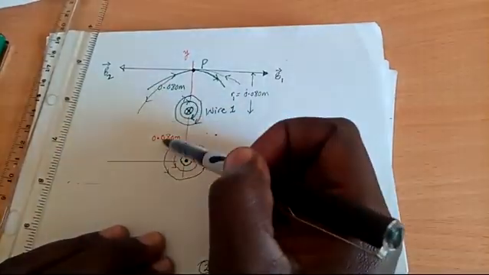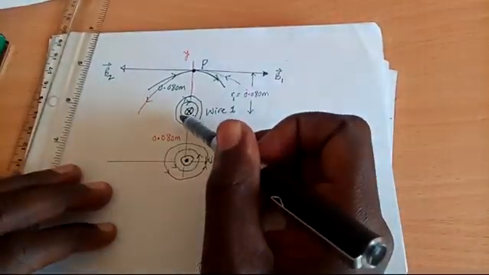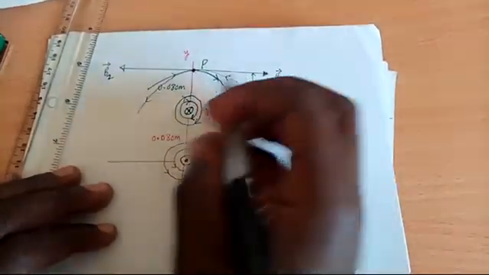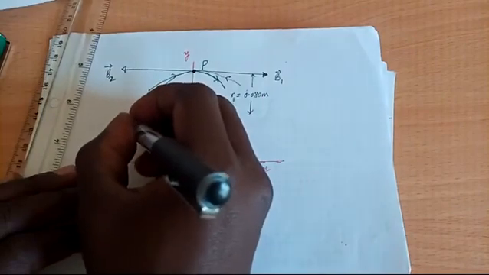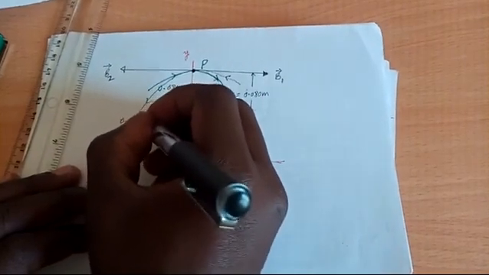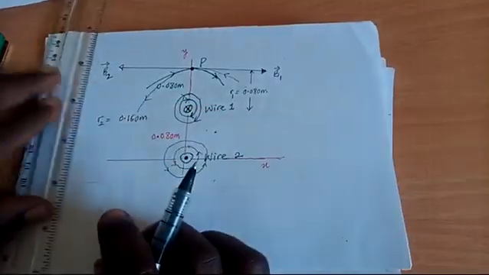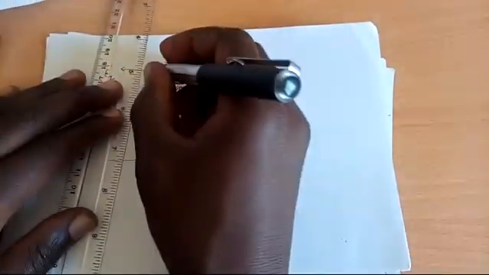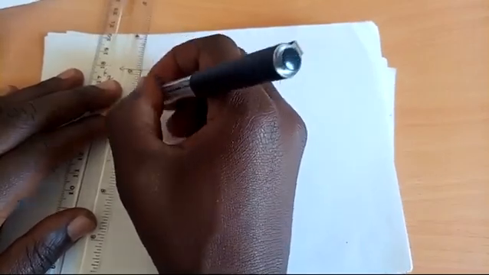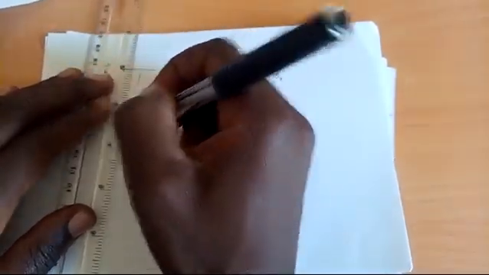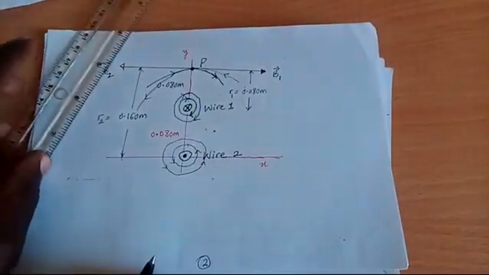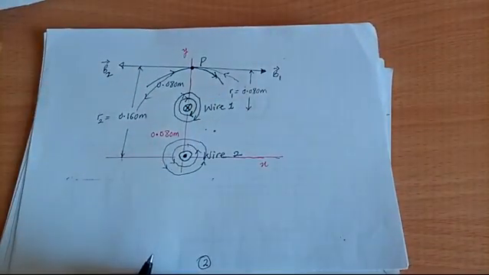We have to add these two distances and it will give us 0.160 meters. So this is 0.160 meters, and we will call this our R2. Great. Now we have the diagram.